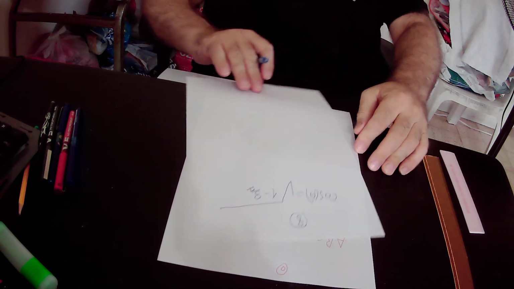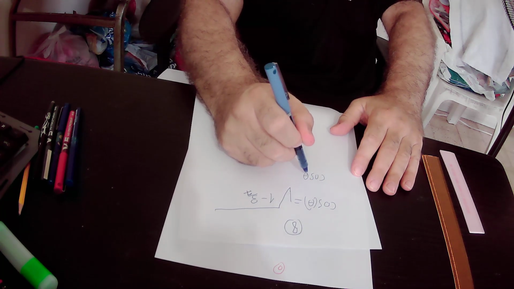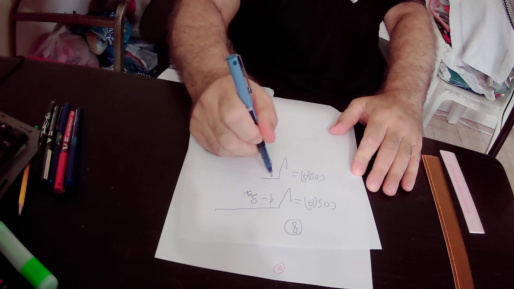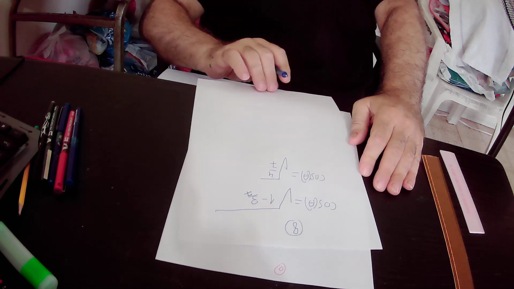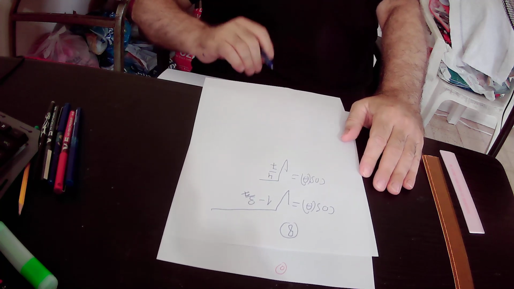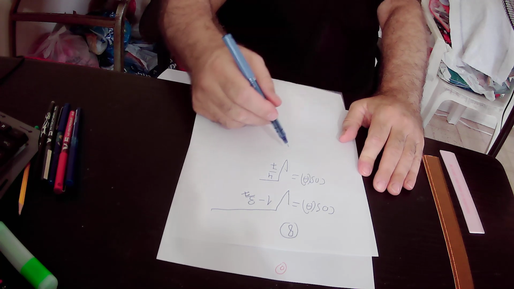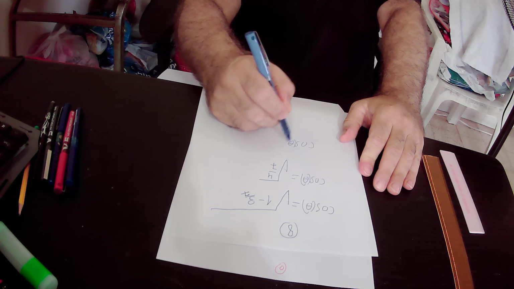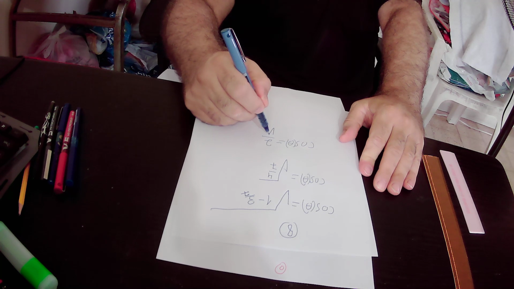Cosinus theta equals to the root of 4 over 7. But the root of 4 is 2, so we can write here that cosinus theta equals to 2 over root of 7.